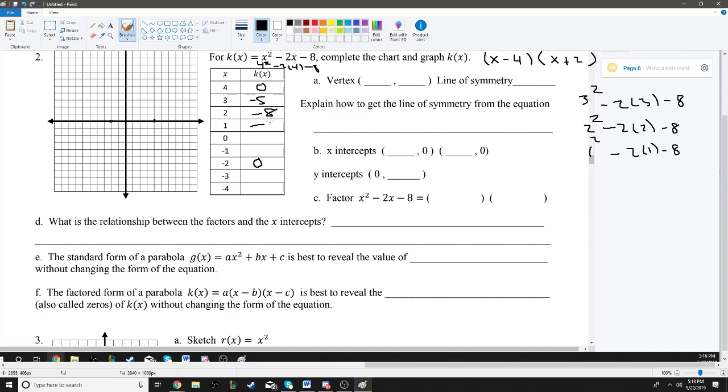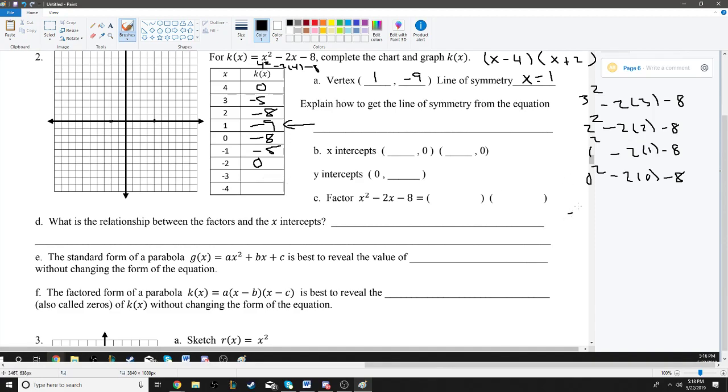That's -9. And then 0 squared minus 2 times 0 minus 8. That's -8. You'll see that some of the answers start repeating themselves, and that's because 1, -9 is the vertex. So the line of symmetry is x equals 1. That means -5 is this answer. And we could keep it going.